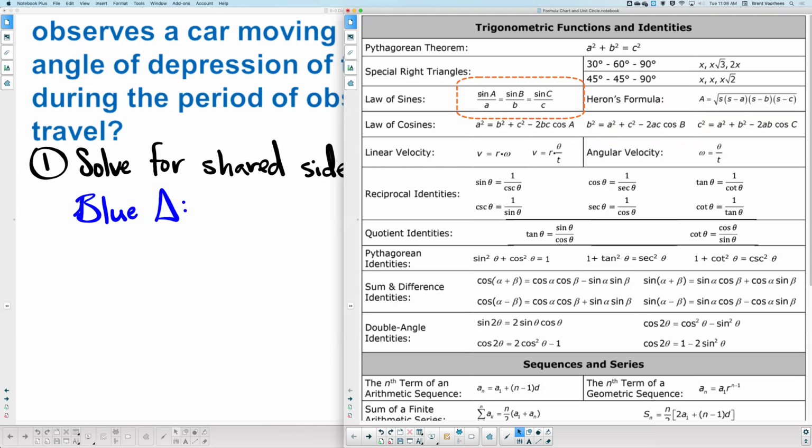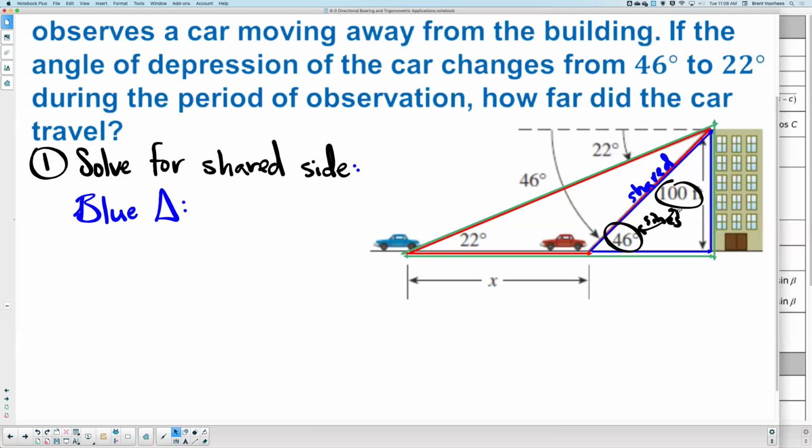It says if we take sine of angle A over side length A, you can set that equal to sine of angle B over side length B, which would be equal to sine of angle C over side length C, which basically means any set is equal to any other set within one triangle. Okay, so here's our set.